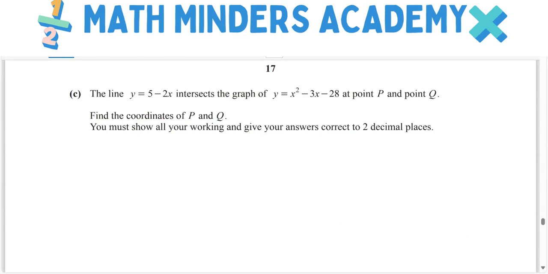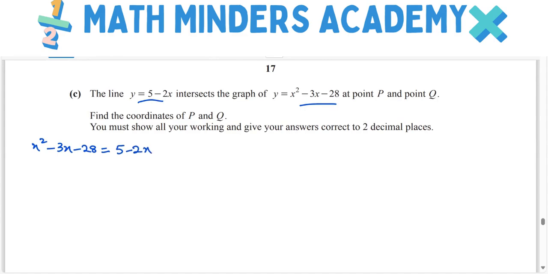Now, question C, we are told that the line y equals 5 minus 2s intersects the graph of y equals s squared minus 3s minus 28 at the points P and Q. Find the coordinates of P and Q. We have to show all our workings and give our answer to 2 decimal places. So if this line intersects with this curve, then it means that s squared minus 3x minus 28 equals 5 minus 2x.